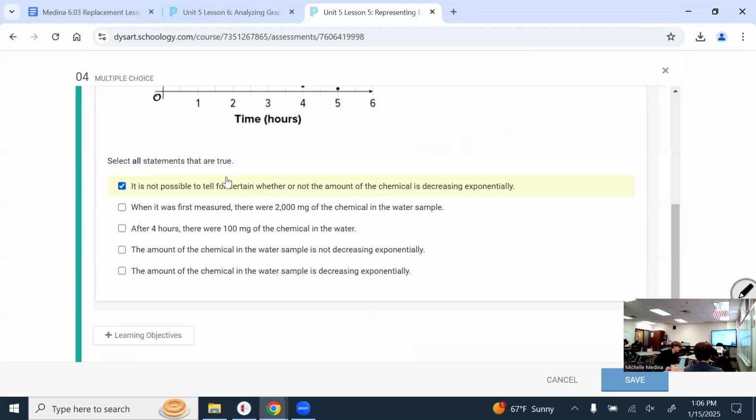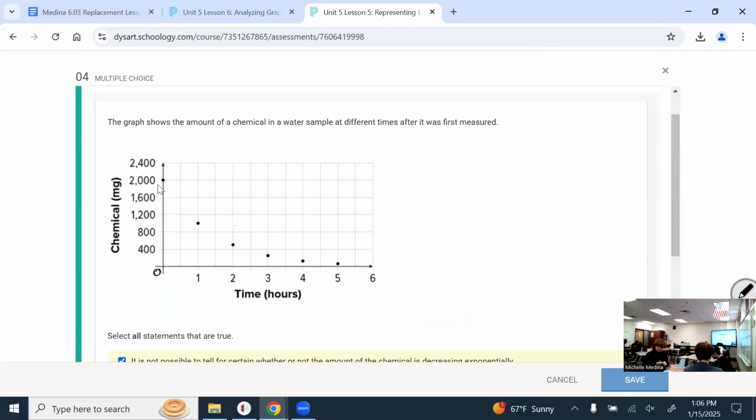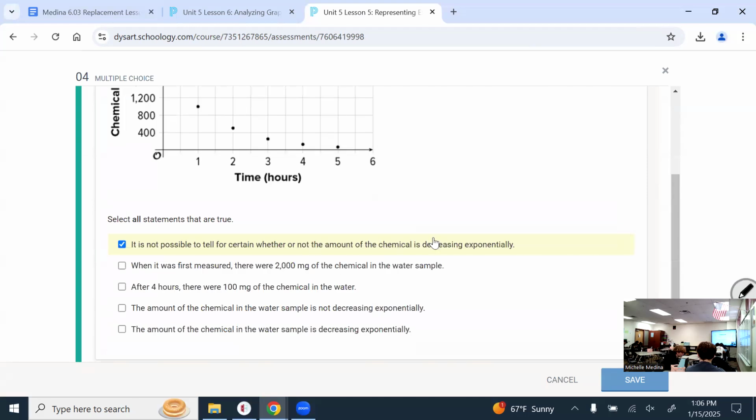It's not possible, but only because none of these others, except for the y-intercept, are perfectly on the grid line. So you're having to estimate the coordinate, so you can't really tell for sure. You can assume, like I figured out what the factor would be that goes with this graph, but according to the textbook, since it's not labeled, it's not enough information, I guess. So we're going to go with that.